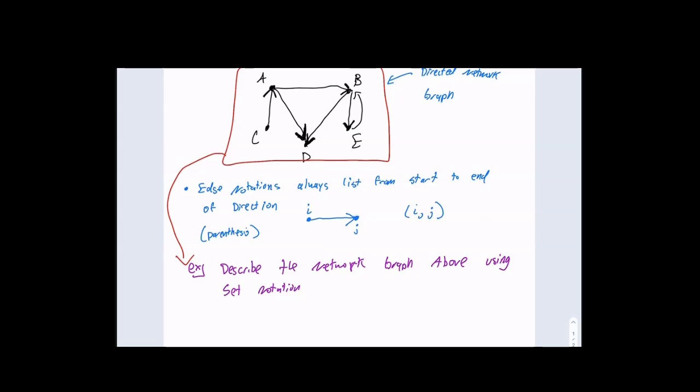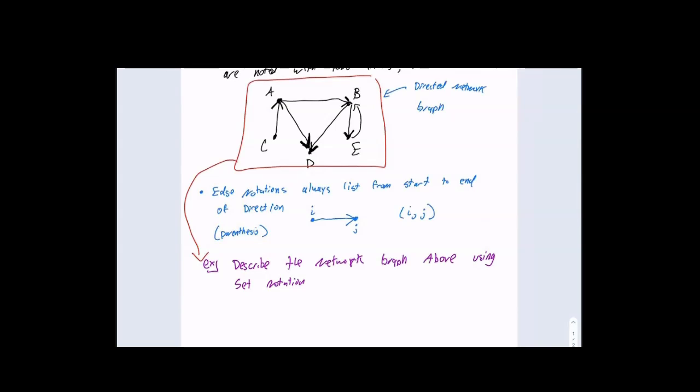So C has a direct connection to A. No, I'm asking how do we describe it? What do I write down to describe it using our set notations, just like we did yesterday or last week? Oh, so it would be like CA. We're not there yet. You're missing a lot of notation. We have to identify what we're talking about. The first thing we identify when describing a network is the vertices: A, C, D, B, E. How do I write that?